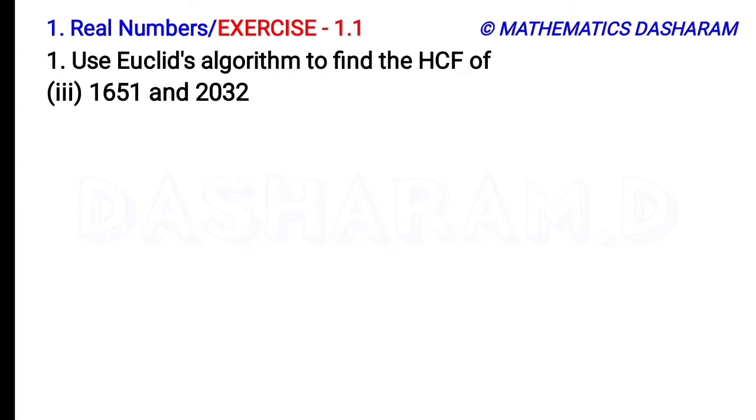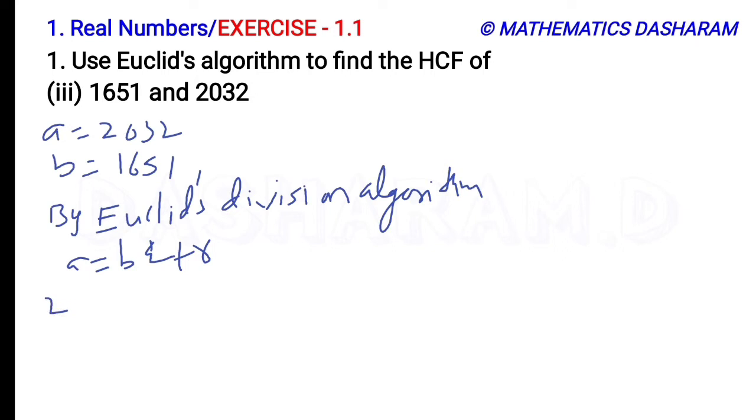Third question, 1651 and 2032. Small a is 2032, small b is 1651. By Euclid's division algorithm, 2032 equals 1651 into, let's find the quotient.